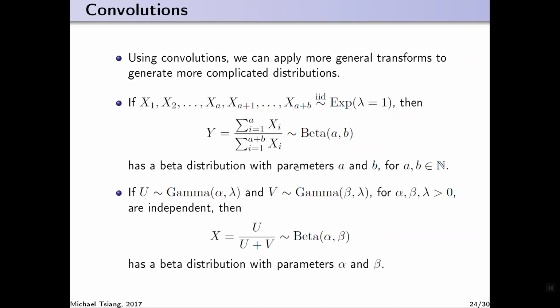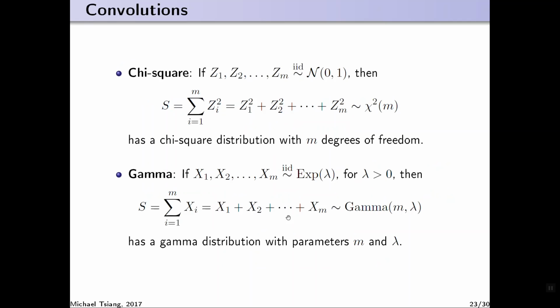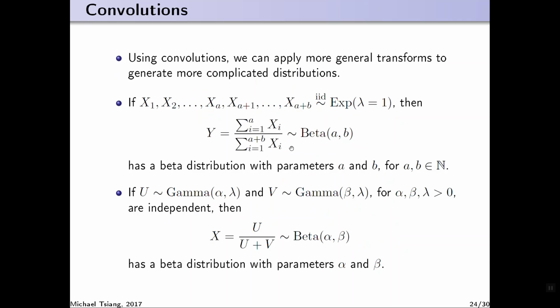And you can use this. If you have two gamma distributions, and gamma is a bunch of values coming from an exponential, and you take the ratio between u and u plus v, you're going to end up getting a beta distribution.